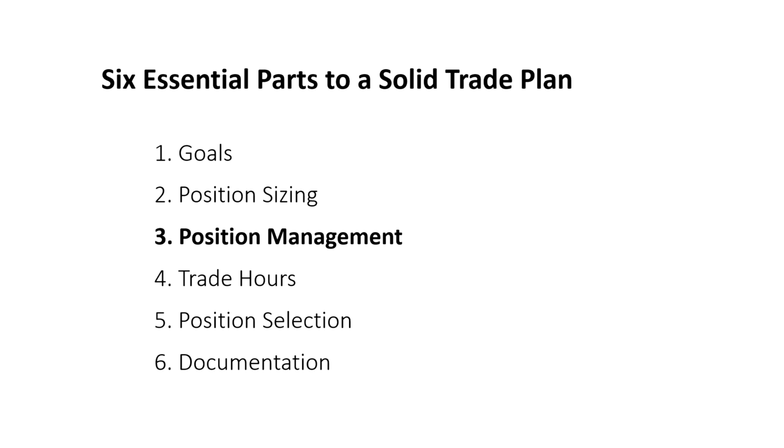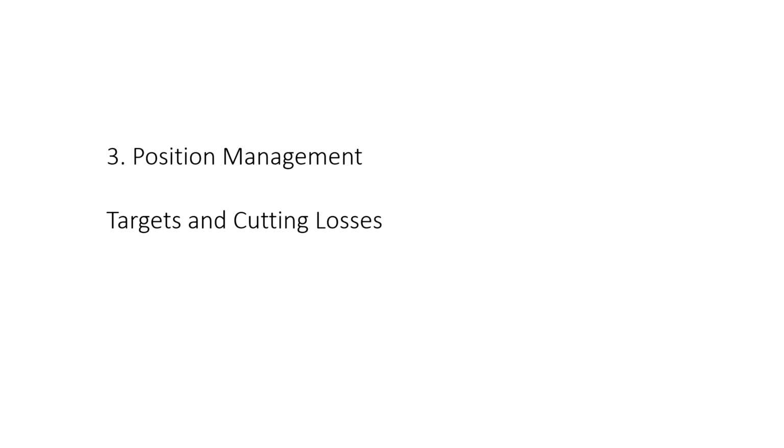So that's it for position sizing. Now let's get into position management. Position management is all about setting targets and cutting losses, more so cutting losses and managing the risk in your existing positions.